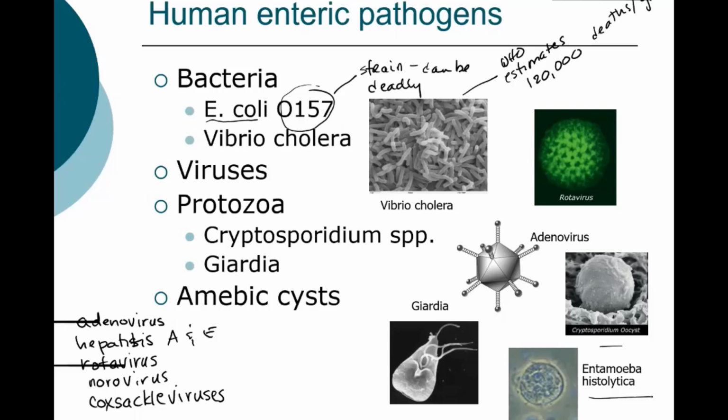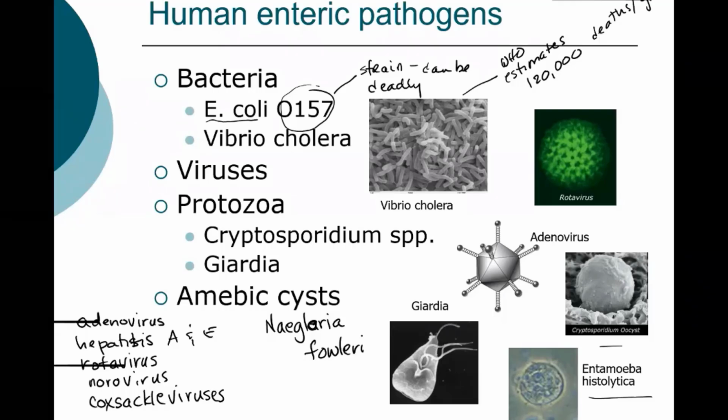Part of its life cycle is in the snail. So one of the things that has been done to try to control this is to control the snail population. The other one that you may have heard of recently is Naegleria fowleri. This is the one that's referred to as the brain-eating amoeba. It's actually harmless if it's swallowed.